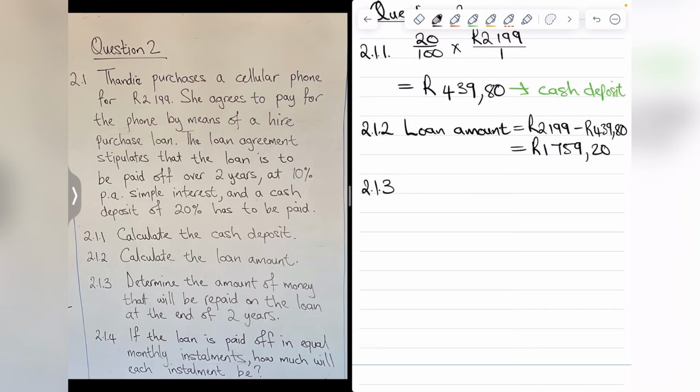So I could say, well, the interest is 10%, which is 10 over 100, multiplied by 1,759 and 20 cents over 1.